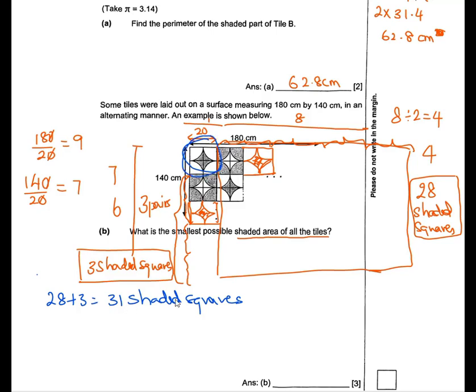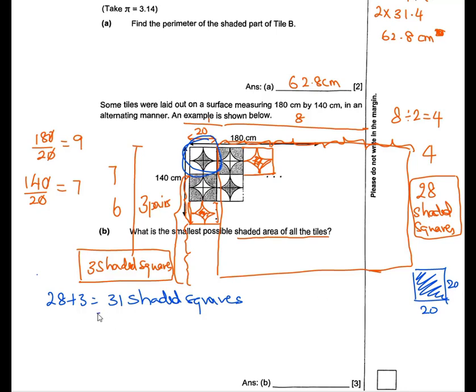But for these 31 shaded squares, what is the area of one square? I mean the completely shaded square. As we saw, the length of this is 20, so this is also 20. If this is completely shaded, the area of one shaded square is 20 times 20, which is 400 centimeters square.